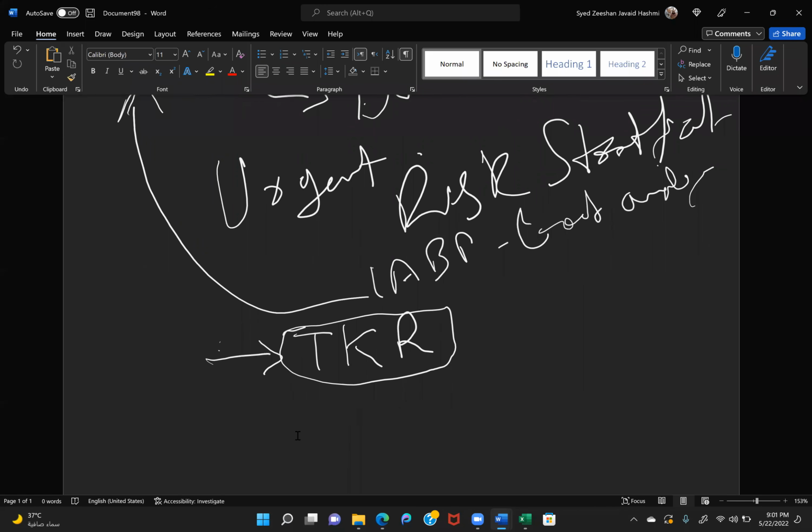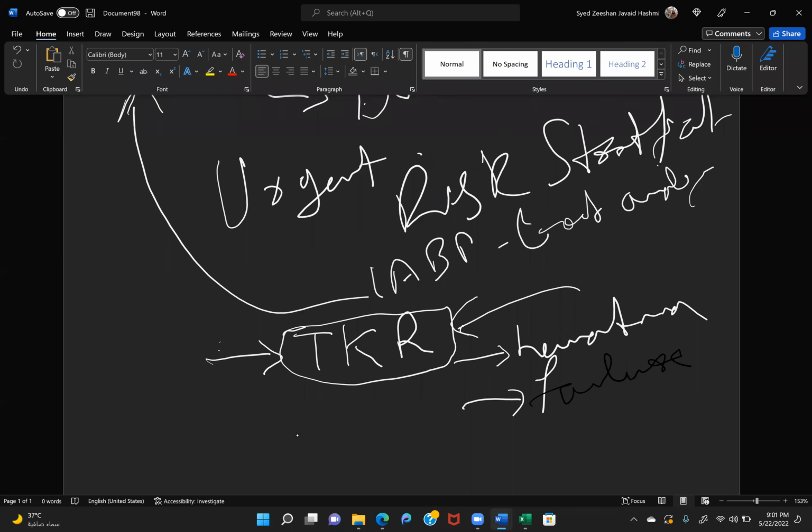You will never proceed with it because don't think about surgeons only. Don't think about only what is happening in our private setup. TKR, if you proceed, there are chances of hematoma. There are chances of failure.